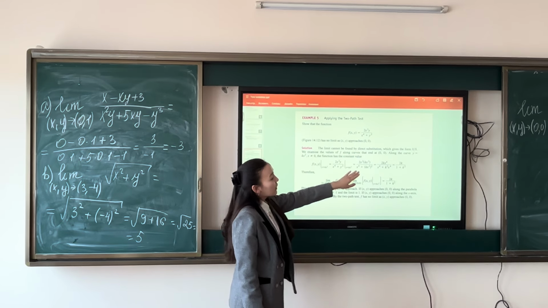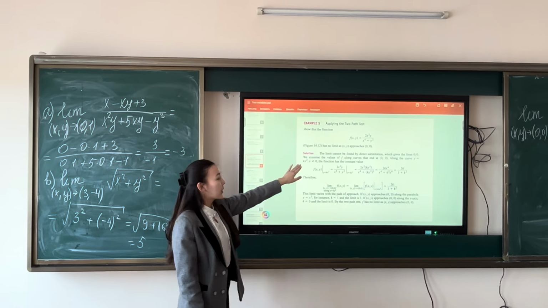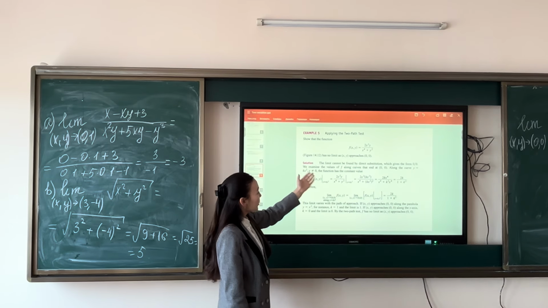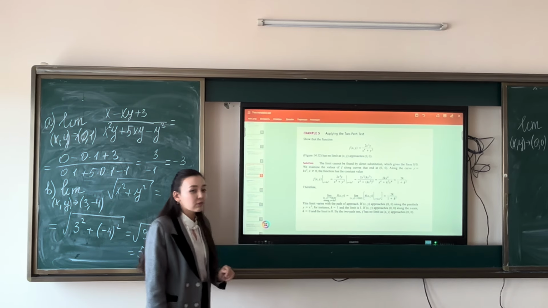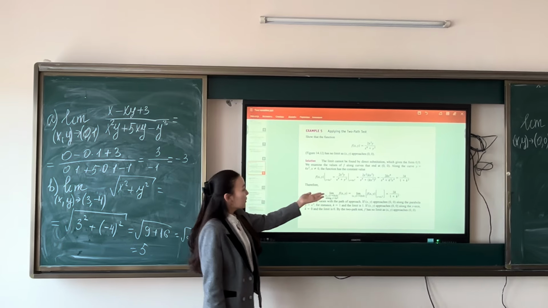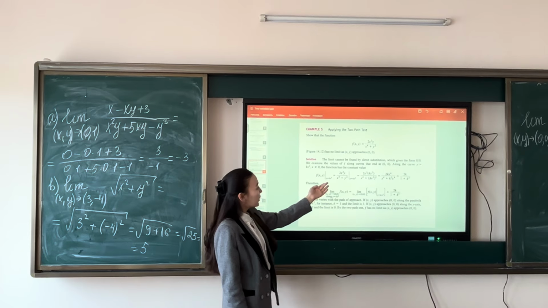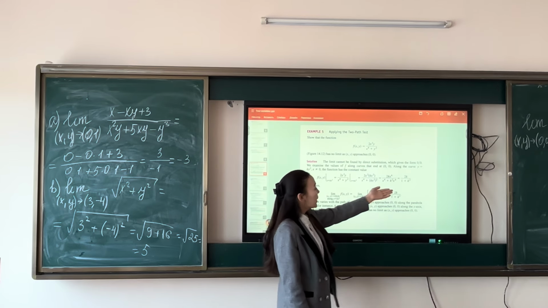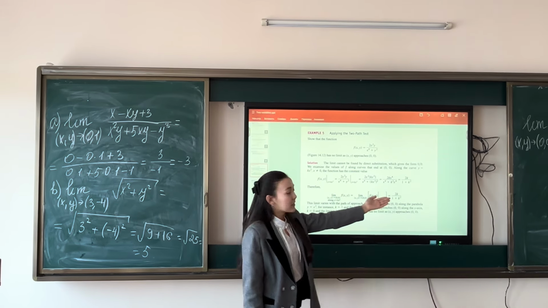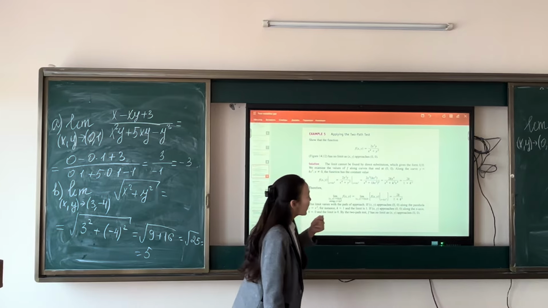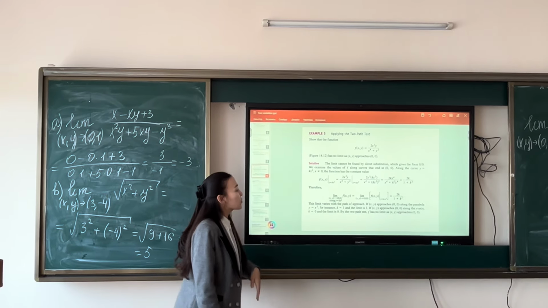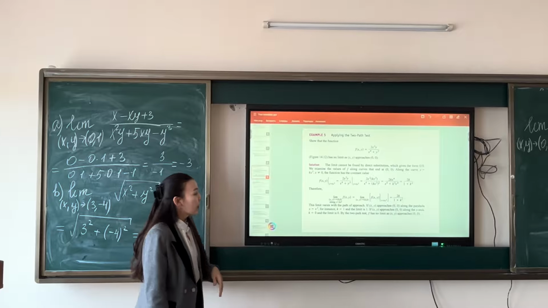Along the curve y equal to x squared, where x is not equal to 0, the function has a constant value. Here, instead of y, we put x squared, and we get this expression, 2x squared over 1 plus x squared, and this limit varies with the type of approach.